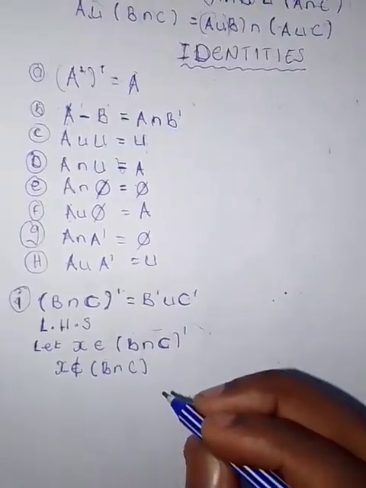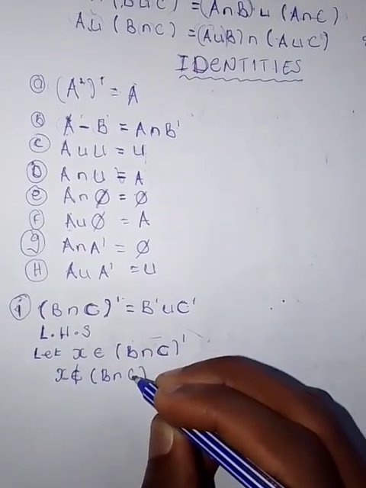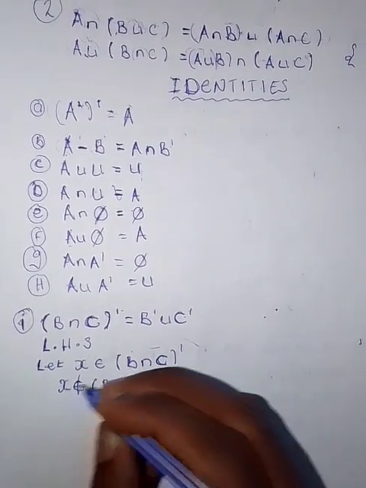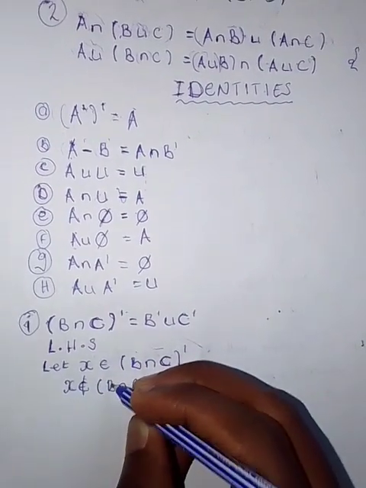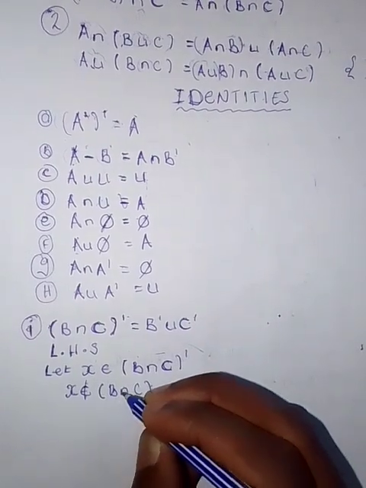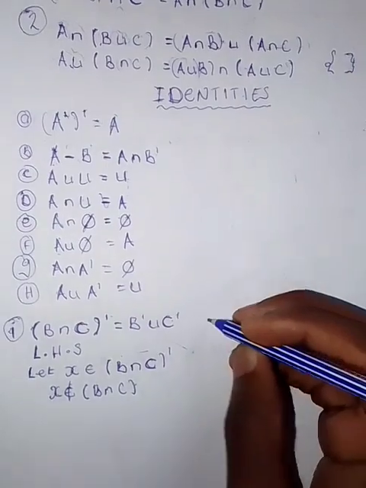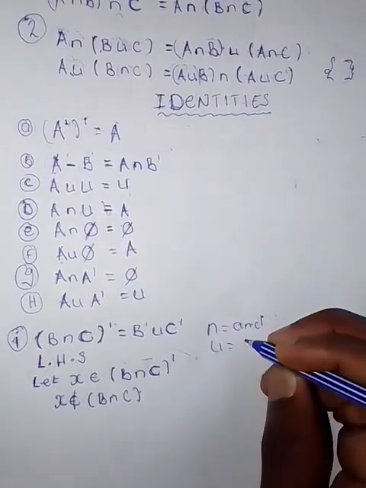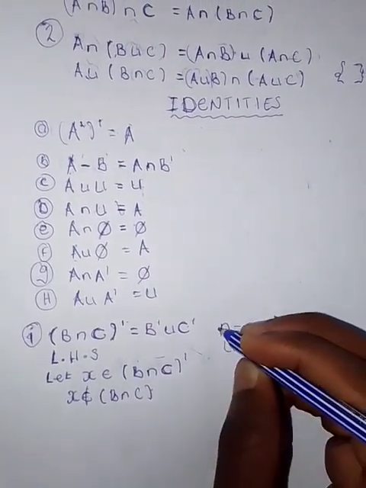What does that mean? It means that this statement A and these statements are the same. So once you reach A now, you're going to expand this by multiplying through. So you're going to say x not a member of, times this, is going to be separated by what is inside here. So the moment you expand, N will no longer be written as N, it will be written as AND. So N is written as AND, and U is written as OR. So the moment you expand through, where there is N, you put AND, where there is U, you put OR.